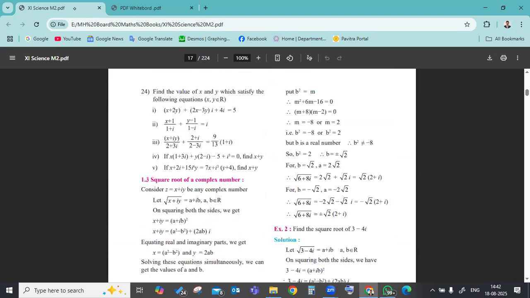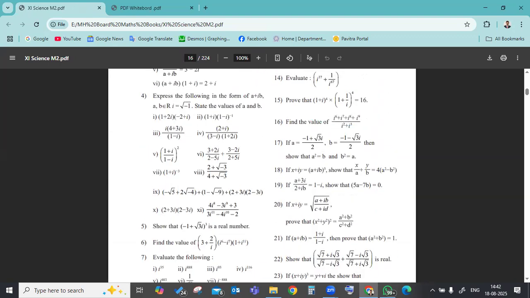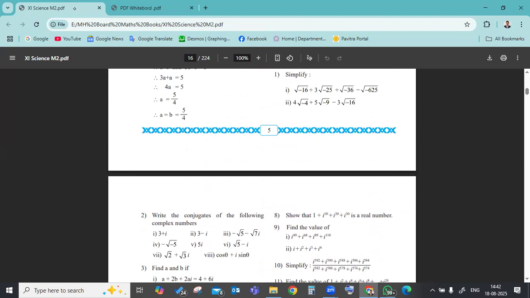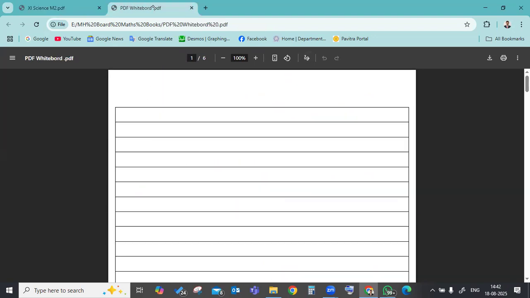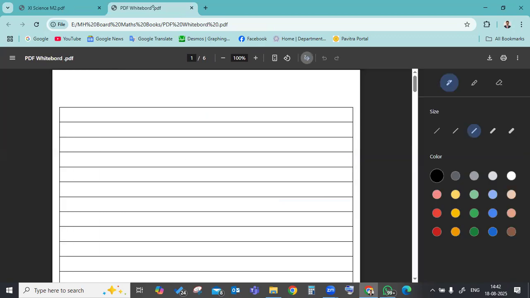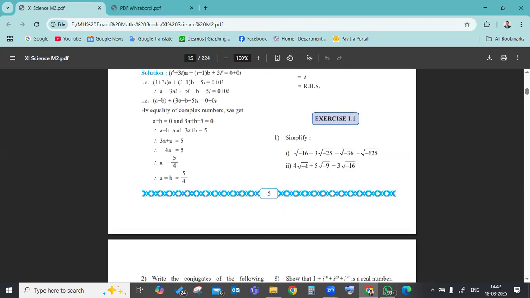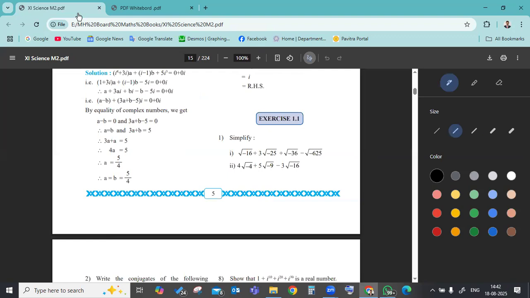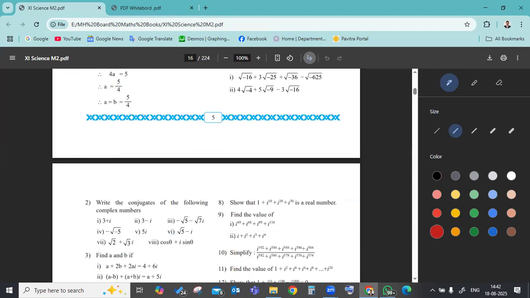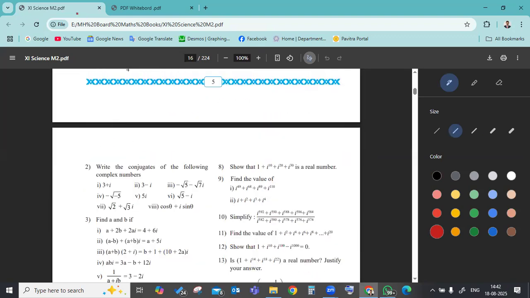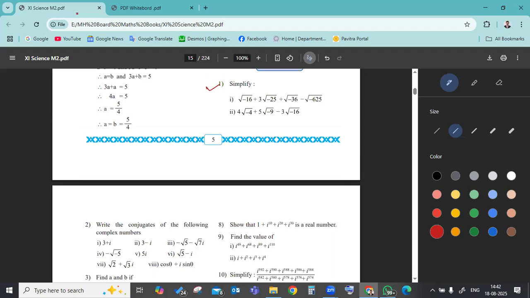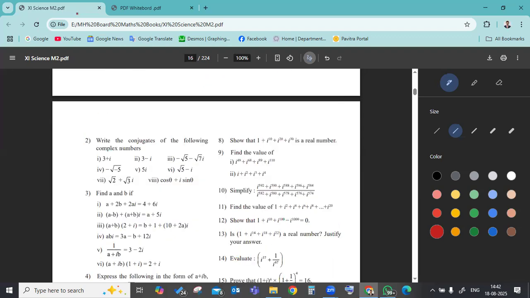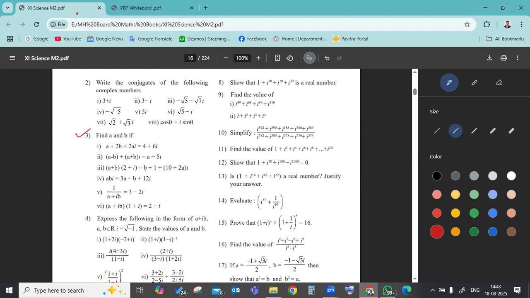So here we were solving the exercise first. I think question number 3 is done and question number 4 is done.